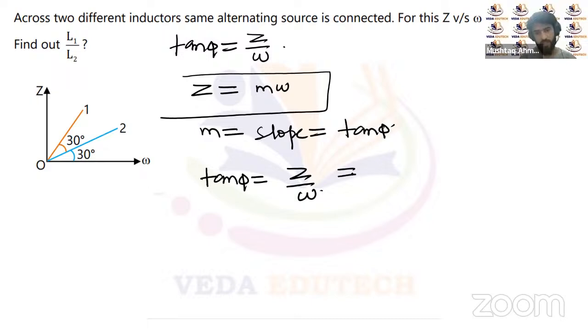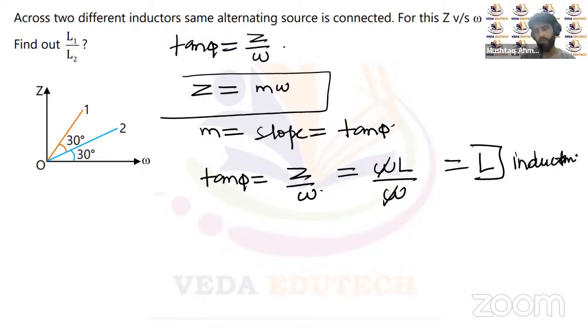Since it's a pure inductor, we can replace Z with omega L. Divided by omega, omega and omega will get cancelled, and we'll get the value of inductance. So tan of phi will give us the inductance value. We can find the ratio tan of phi 1 upon tan of phi 2, which will give us the ratio between L1 and L2.